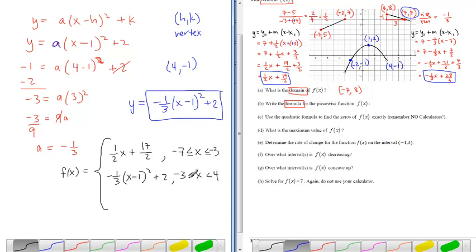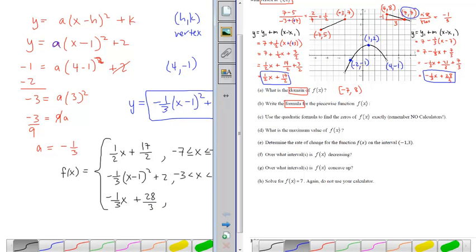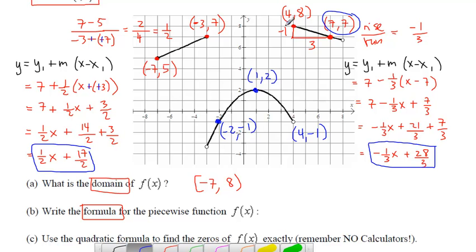Notice I did not underline these because on the graph those two circles are open. They're not filled in, not included. Last piece of the graph is -1/3 x plus 28 over 3. And that's defined from 4 to 8.